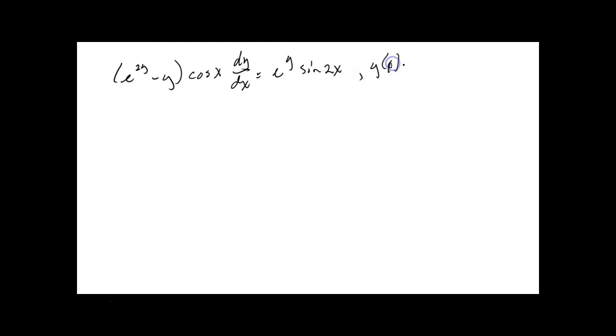Let's do example 4. That looks fairly interesting, doesn't it? e to the 2y minus y cosine x dy dx is equal to e to the y sine 2x, given that y at 0 is equal to 0.